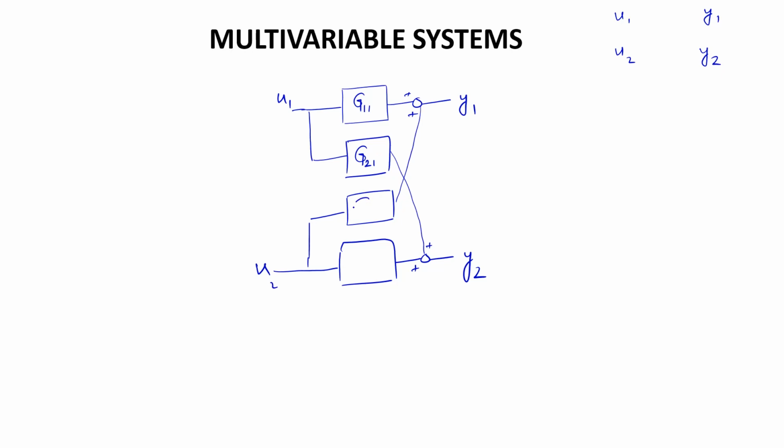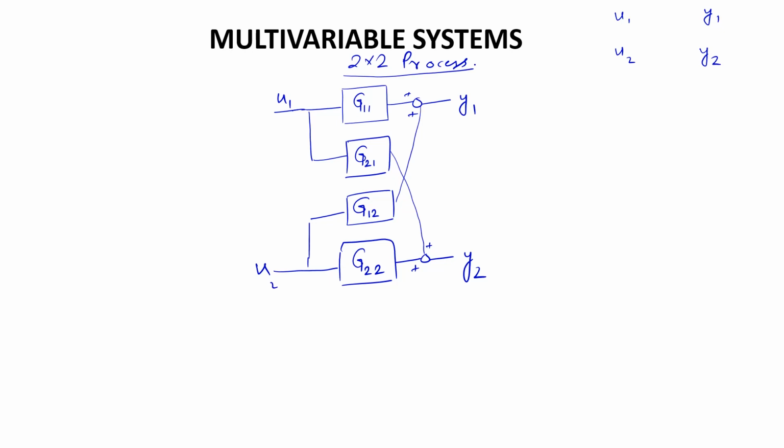This would be effect on output 1 of input 2, and this would be effect on output 2 of input 2. This is your process, a 2 by 2 process. So this is a very simple multivariable 2 by 2 process.